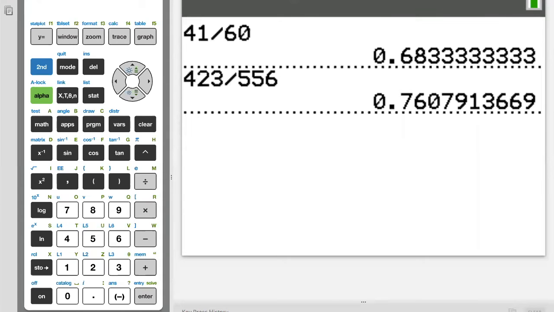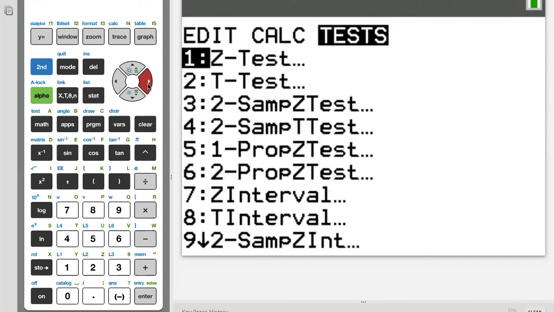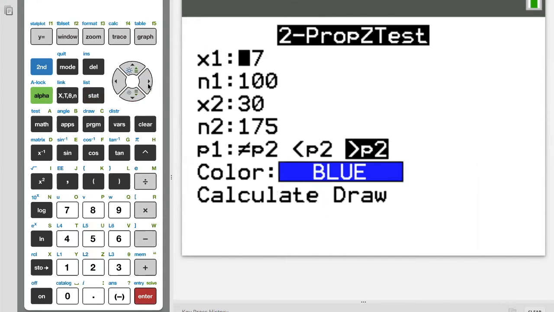Okay, so I'm going to show you all how to use your calculator to do the two sample proportion z-test. So we're going to go ahead and go to stat, go over to test, and then go down to 2-PropZTest. So 2-PropZTest asks for x1, n1, x2, n2. So x1 is our number of successes.